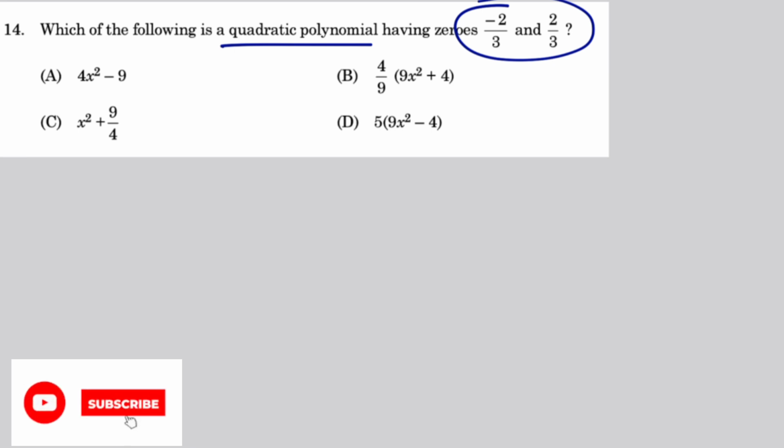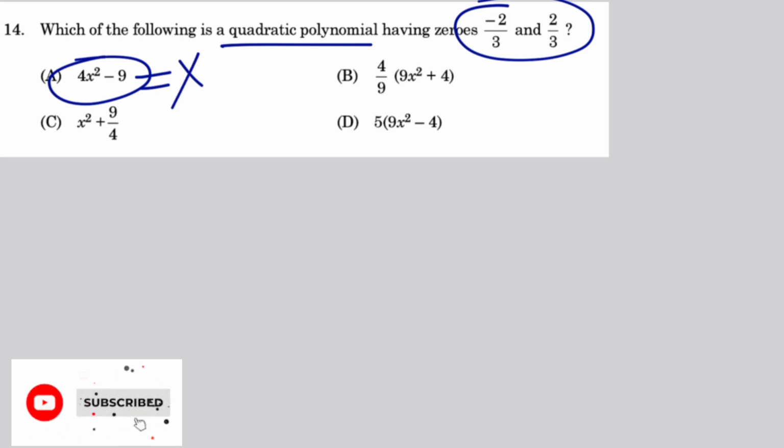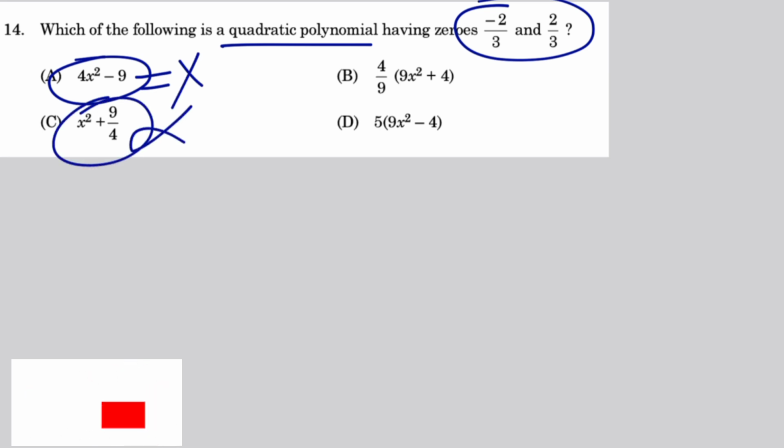So if I take it as 0, then obviously 9 will be on the right hand side, so 9 will be in the numerator. So root of 9, that is 3, should be in the numerator, but we have the zeros which have 3 in the denominator, so obviously the first option will automatically get cancelled. Similarly this one will also get cancelled, so we will not get the answer from option A and C.